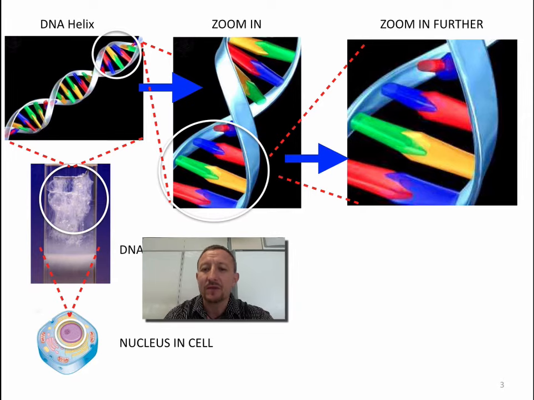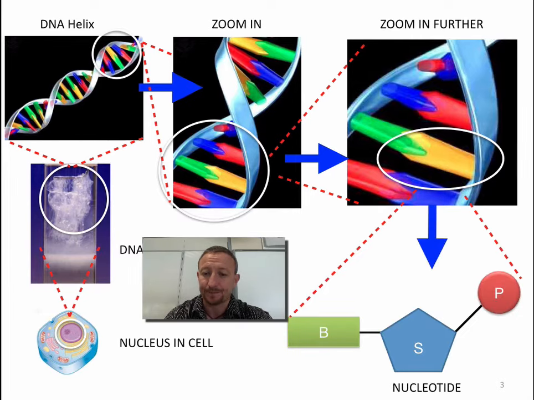If we look at that yellow rung, there's your nucleotide, with the base going into the center of the DNA molecule, then the sugar, and then the phosphate on the outside. So we start off in the nucleus. We can break it down into long strands of DNA.